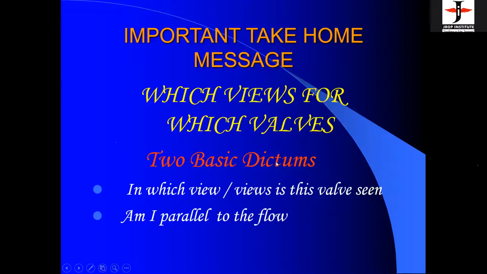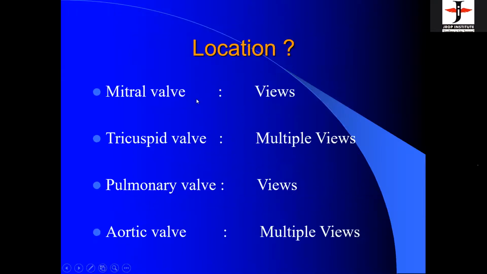So remember two basic dictums: in which view or views is this valve best seen, and am I parallel to the flow? If you follow these two dictums, your Doppler results will always be correct. For example, in a mitral valve, you can mainly take apical views, multiple views; pulmonary valve views, aortic valve, multiple views.